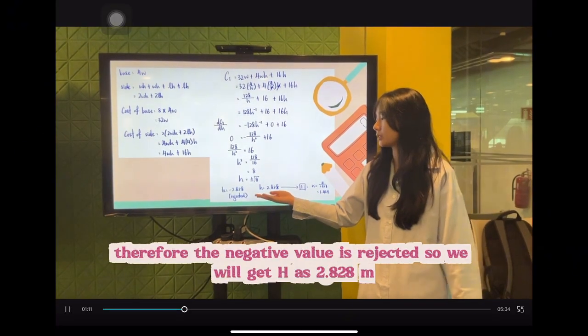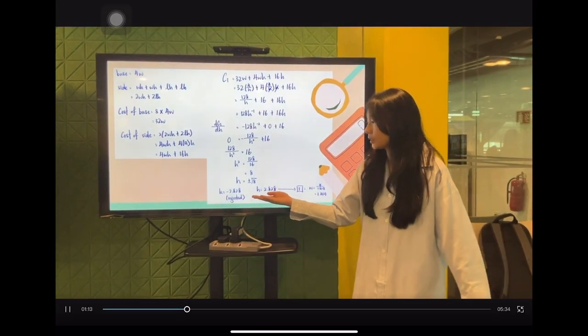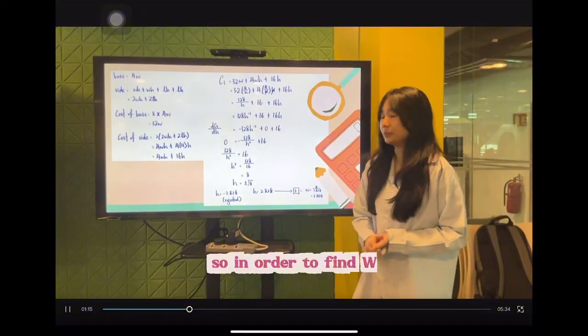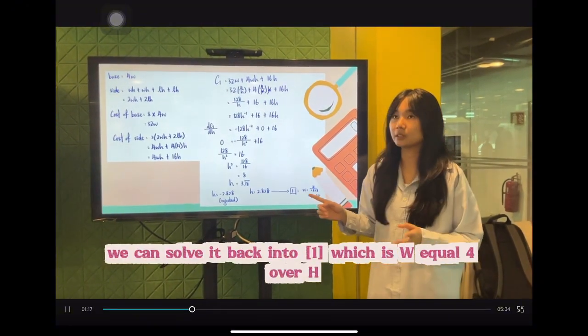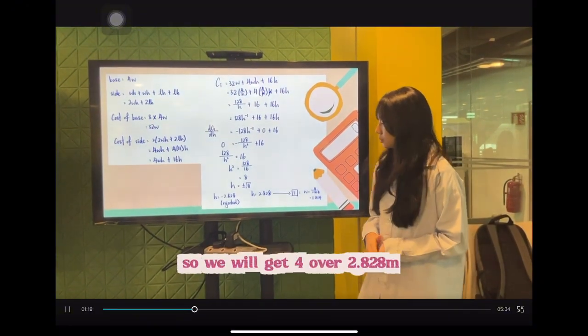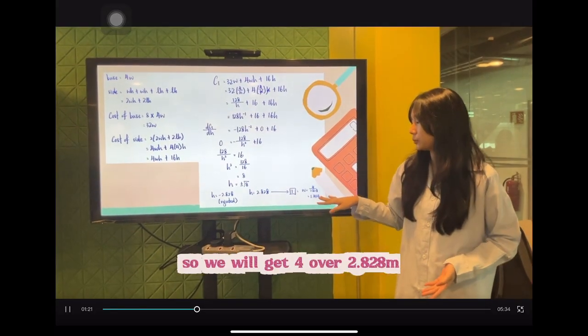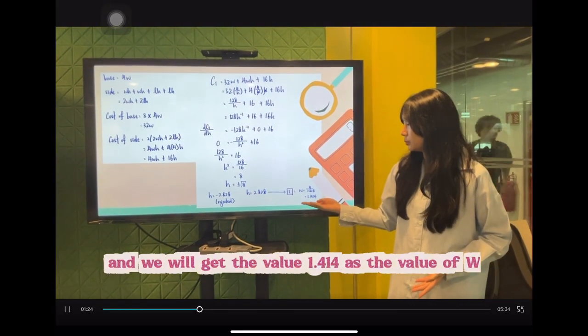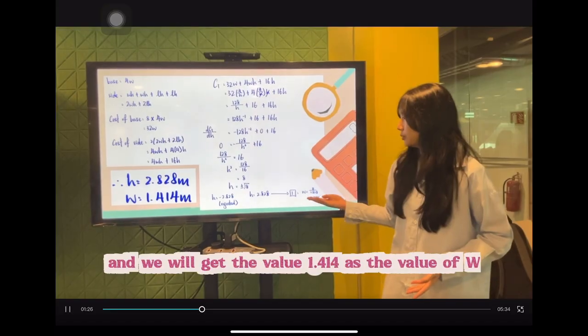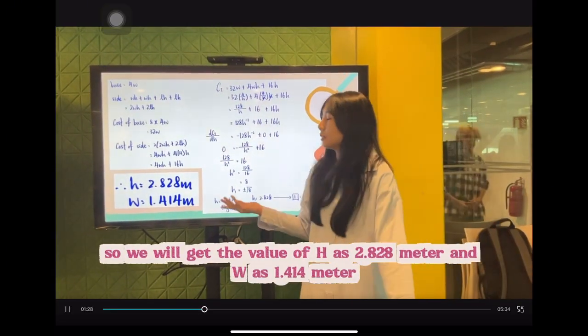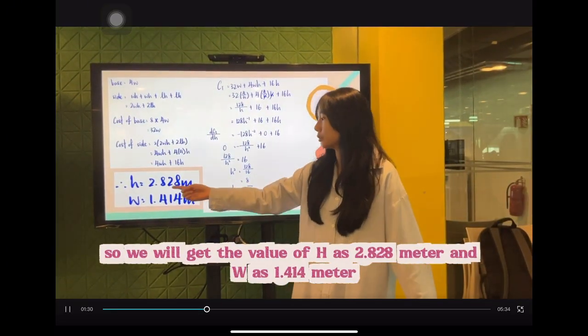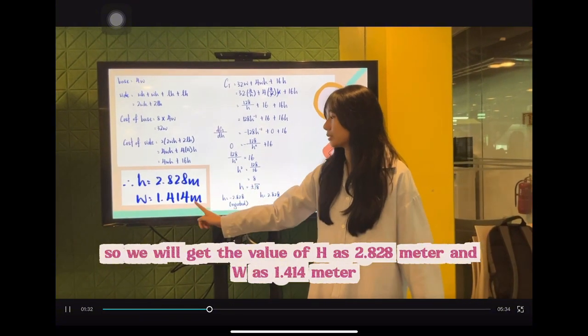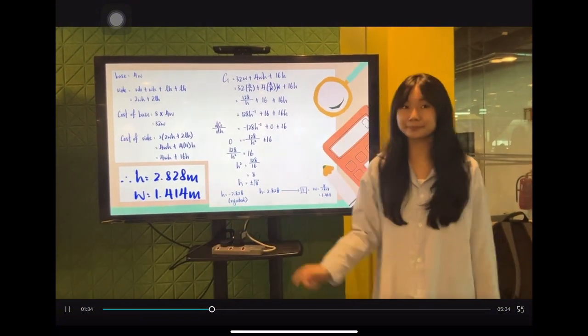So we will get H as 2.828 meter. In order to find W, we can substitute it back into 1, which is W equals 4 over H. So we will get 4 over 2.828, and we will get the value 1.414 as the value of W. So we will get the value of H as 2.828 meter and W as 1.414 meter.